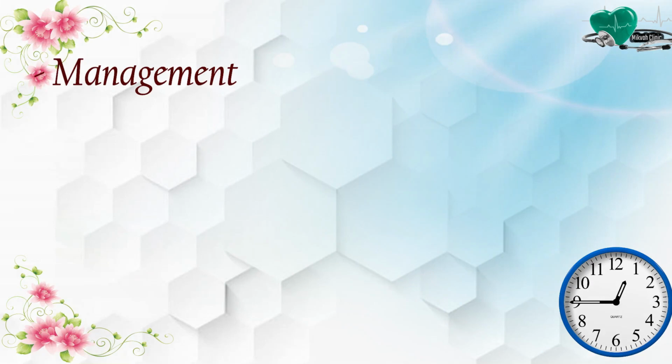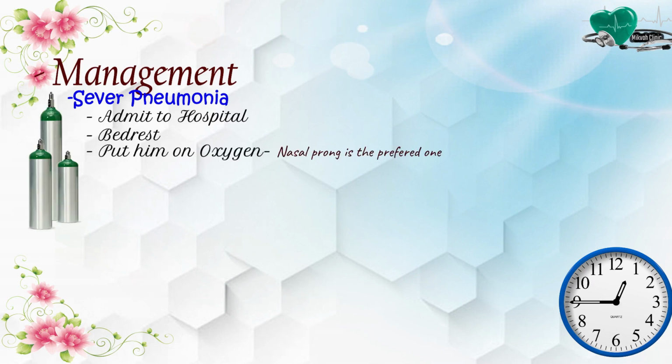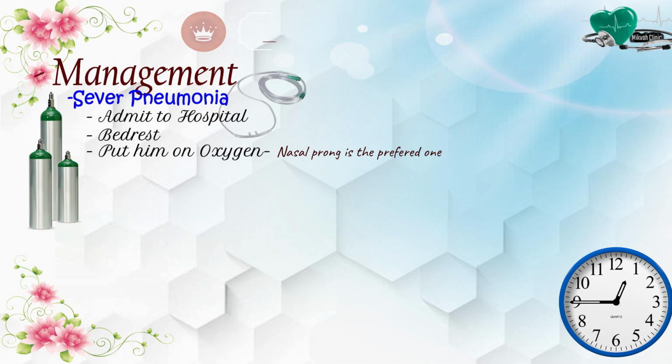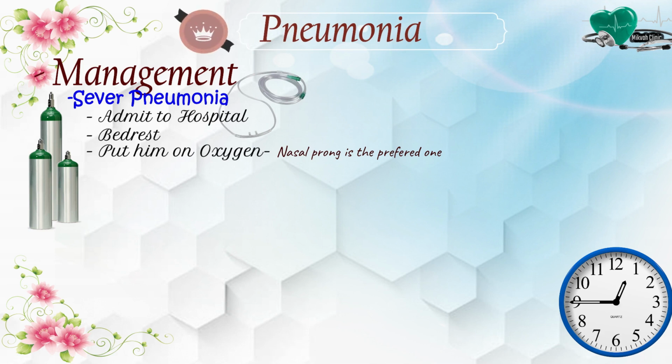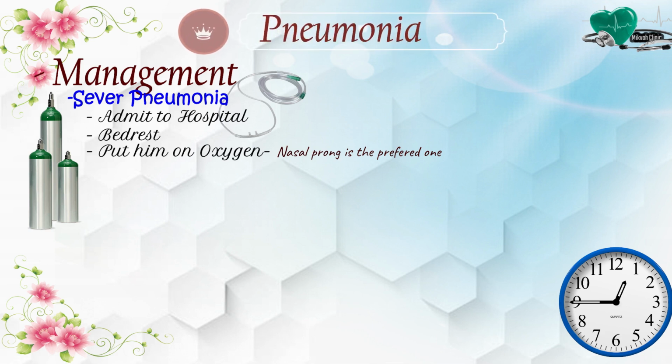How do we manage a child with severe pneumonia? Immediately we have to admit to the hospital, give him a bed. We should put him on oxygen. The preferred one is intranasal oxygen using nasal prong, but we may also use nasal catheter, and occasionally we may use face mask.